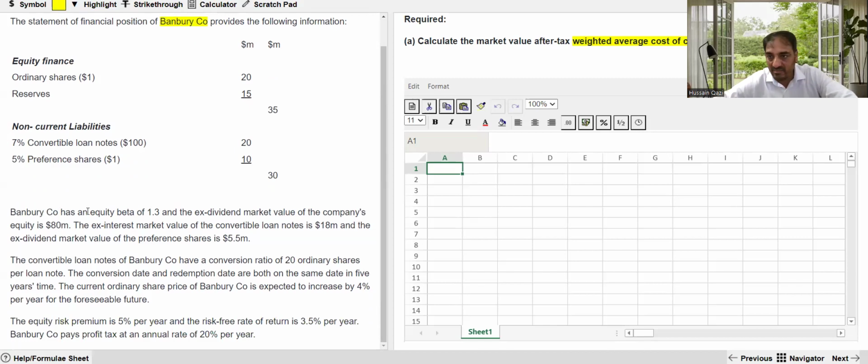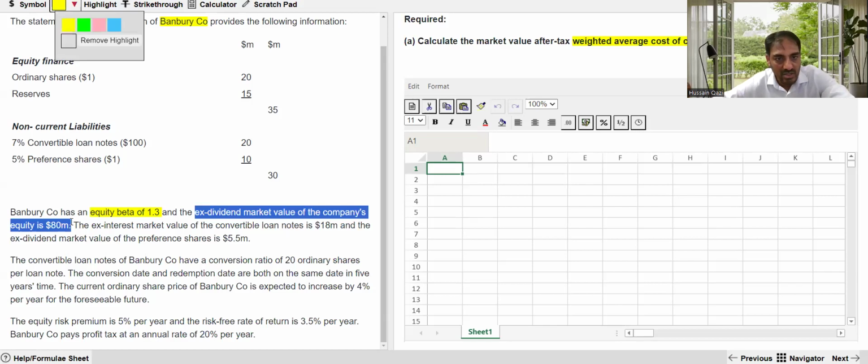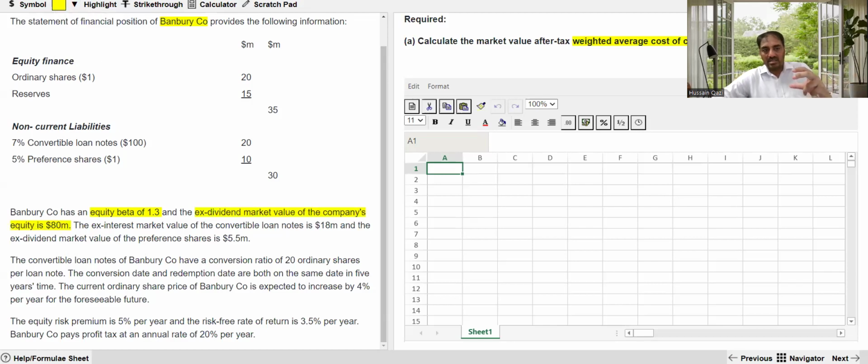Banbury Company, now read the details. Banbury Company has an equity beta 1.3. Equity beta already given. And the ex-dividend market value of company equity is 80 million. Two important points here. The market value of equity is given, 80 million.